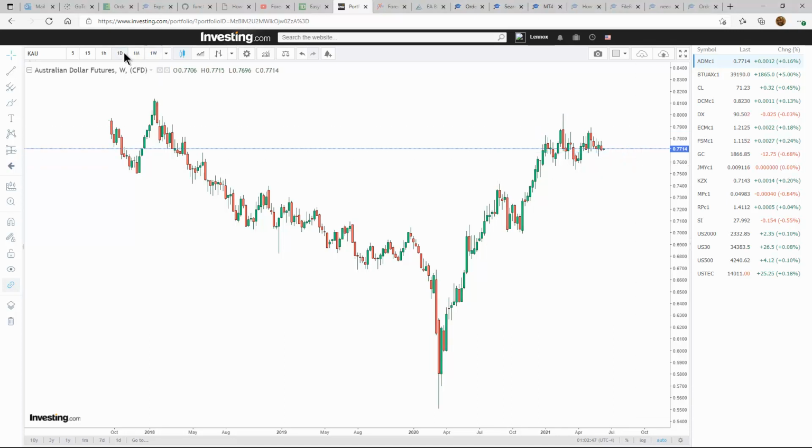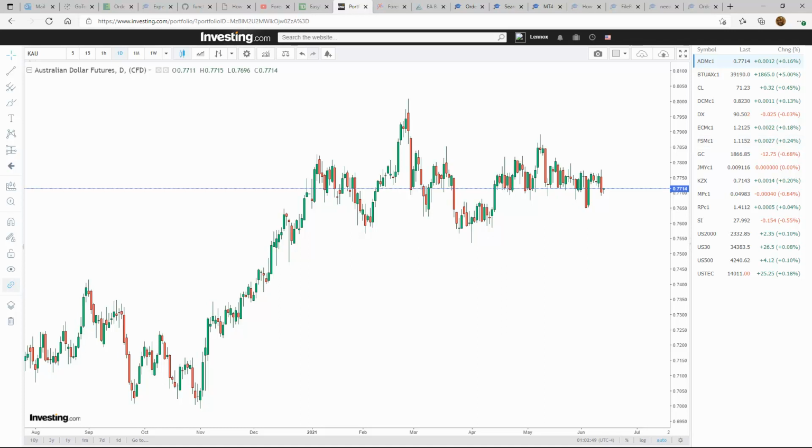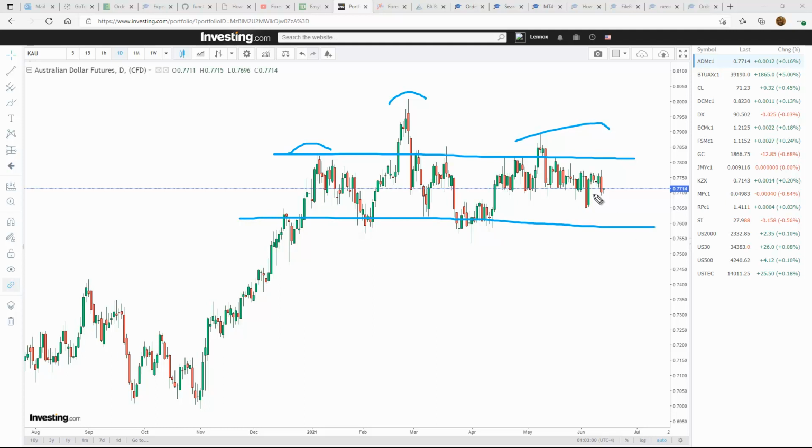On the daily time frame, when we come to this level, again, we can see the head and shoulders pattern, and it's playing out as it should at this point.